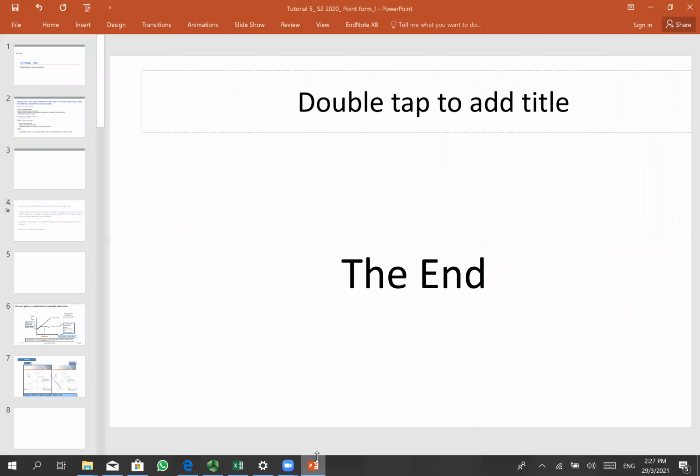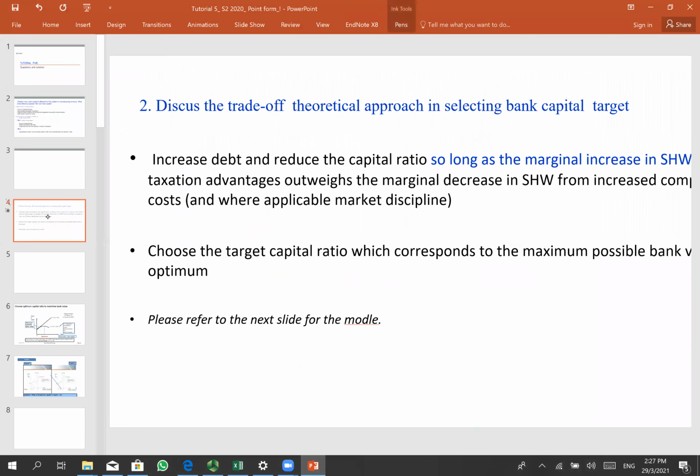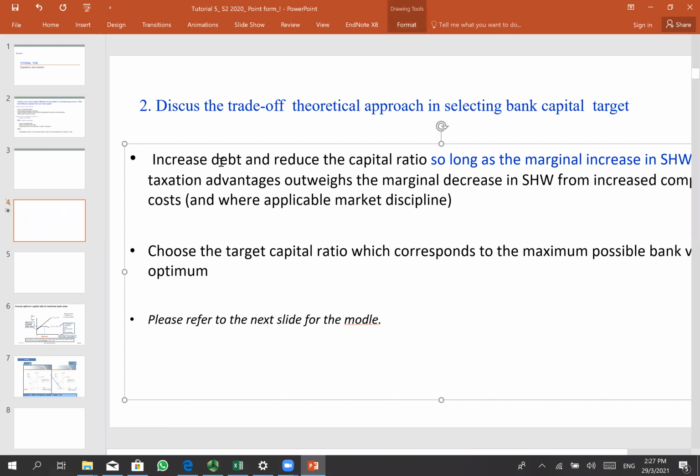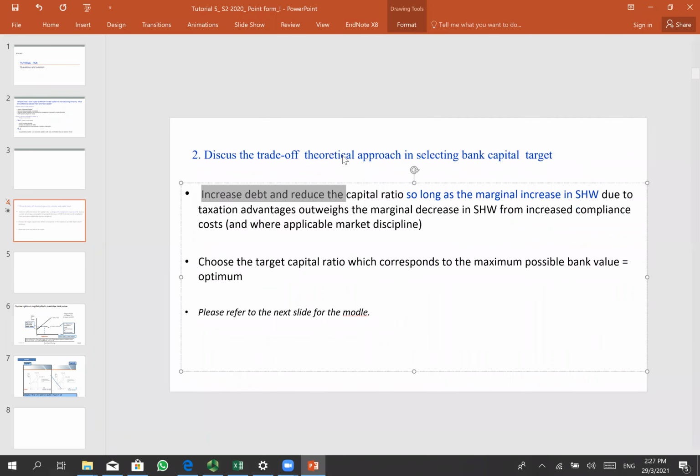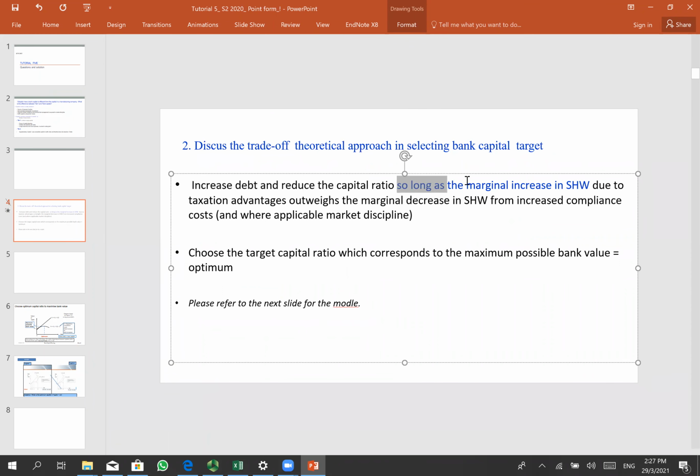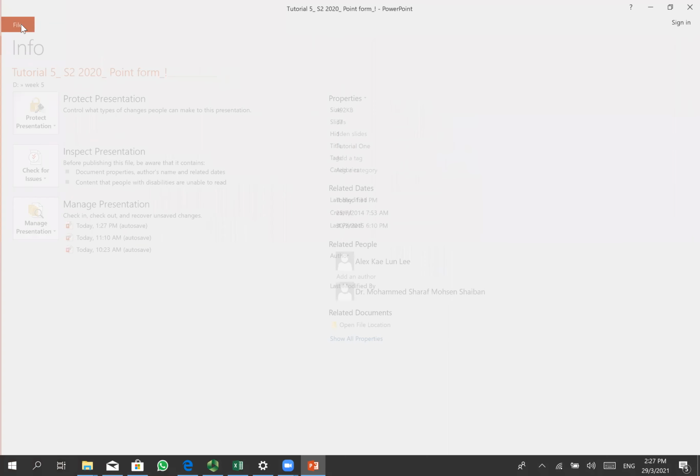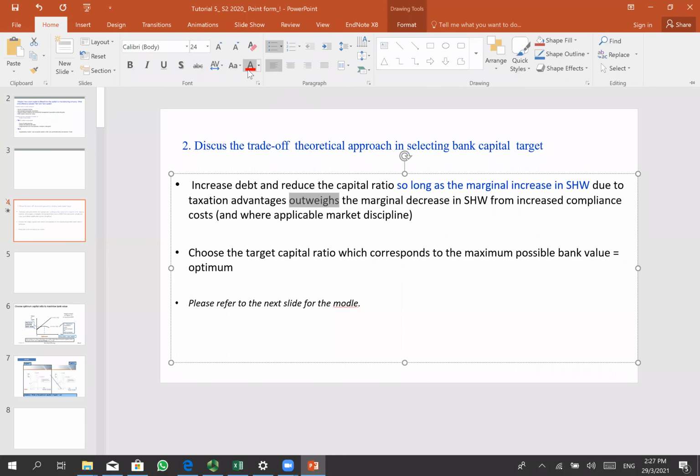So the trade-off, this is the concept of the trade-off. You increase the assets, the debt, and reduce the capital, as long as the marginal increase in shareholders' wealth due to the taxation outweighs, this is the right word, outweighs the marginal decrease in shareholders' wealth, exactly as I explained.